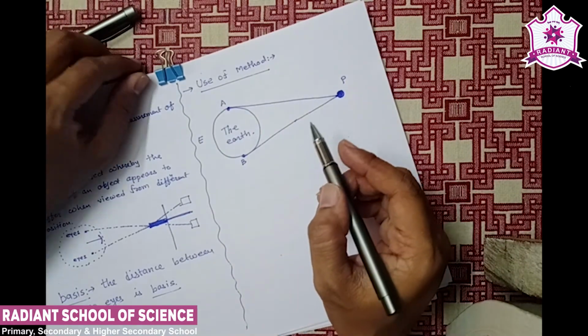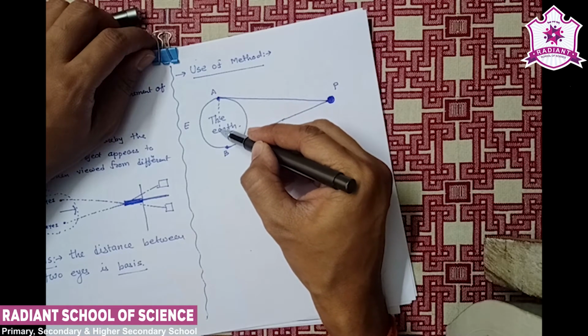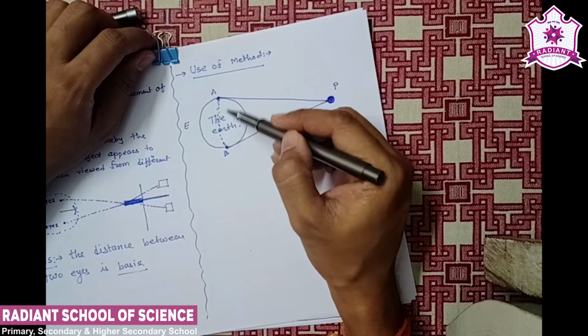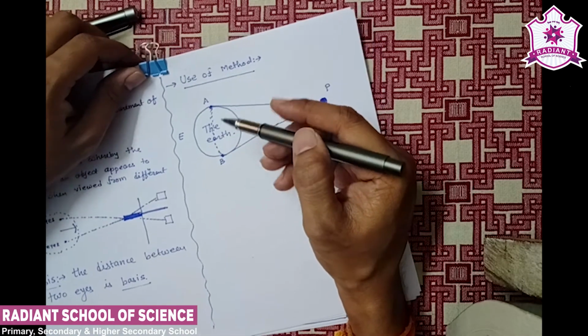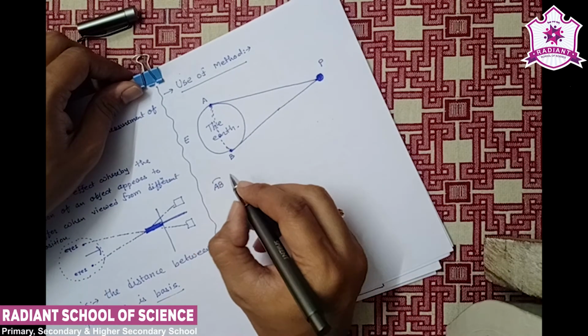Now it is very clear that we know the diameter of the earth. We know that the earth is not flat, so it will have this arc or curve. We can say that here arc AB is known.